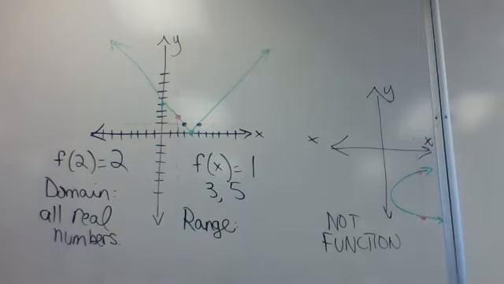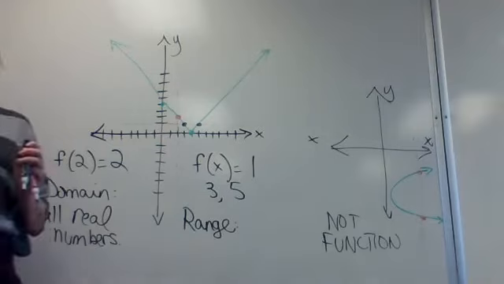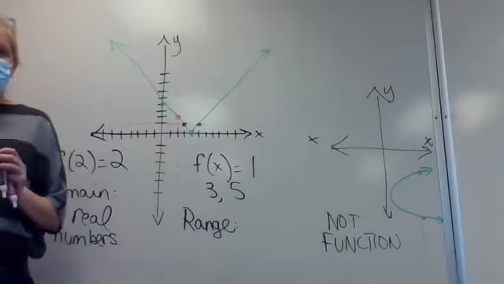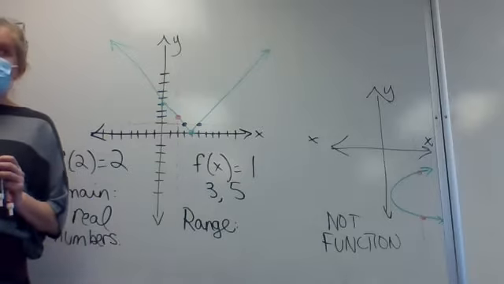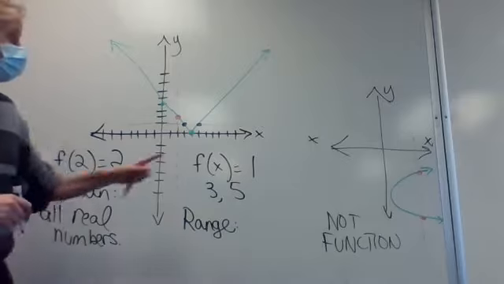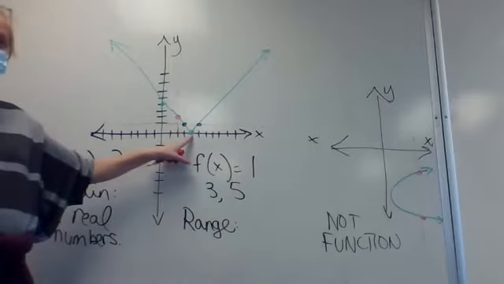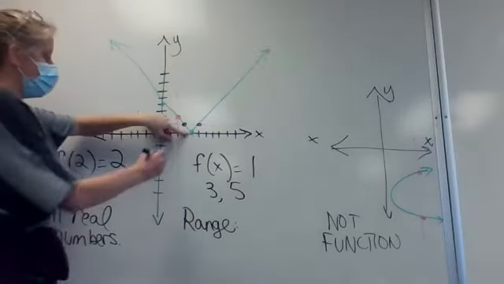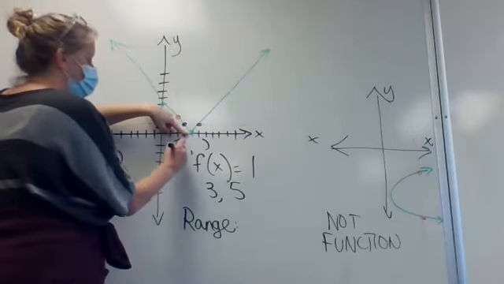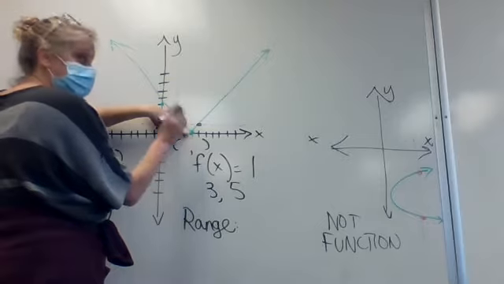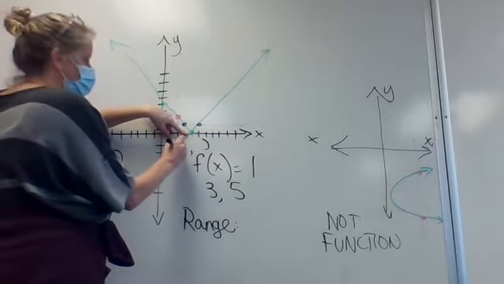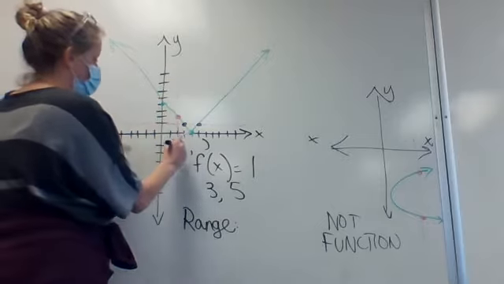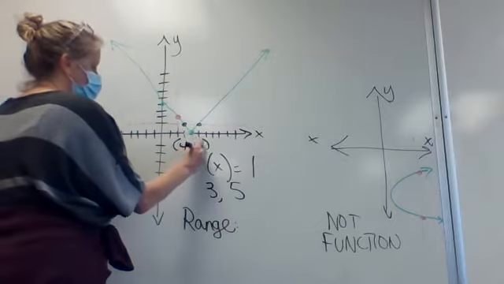Now, the range is the y values. Does this graph go forever up and down? No, it doesn't go forever down. It stops going down right here, right? And then it goes back up. So let's see, I need to know what the y value is at this point, because that's what the range is, the y values. The x is 1, 2, 3, 4, but what's the y? Yeah.